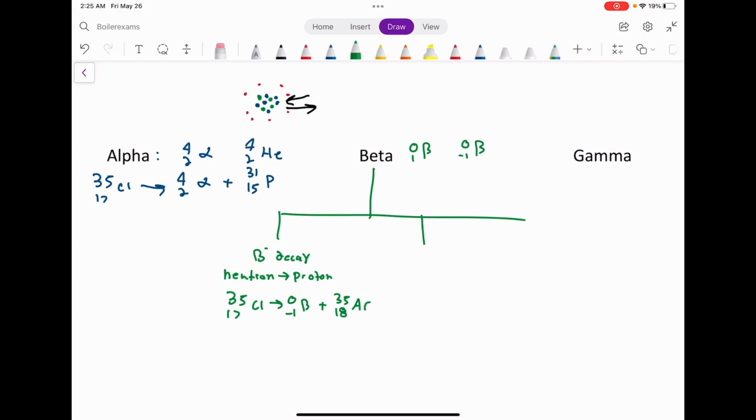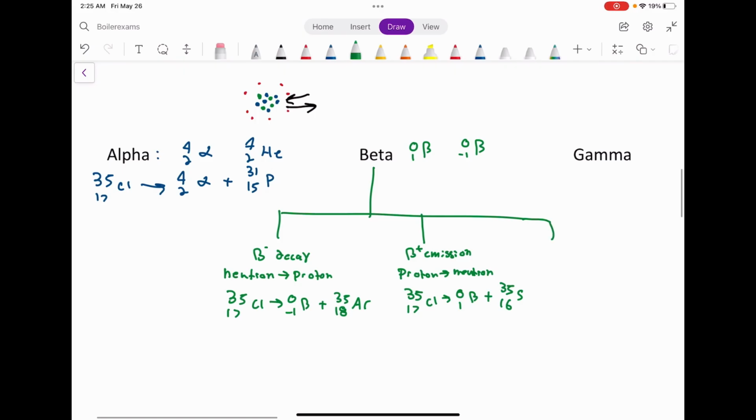We can also have positron emission. And this is going to turn a proton into a neutron. If we do the same deal, chlorine 35, and now we have a positron that will convert one of our protons then into a neutron. So, and the 16th element is sulfur. Okay, and then we can also have an electron capture into our nucleus.